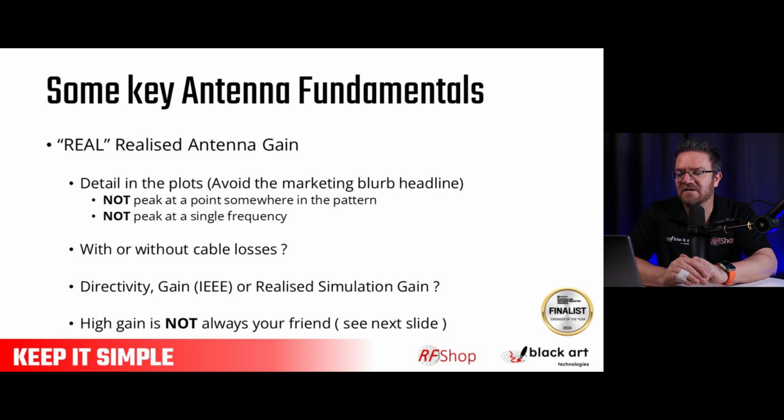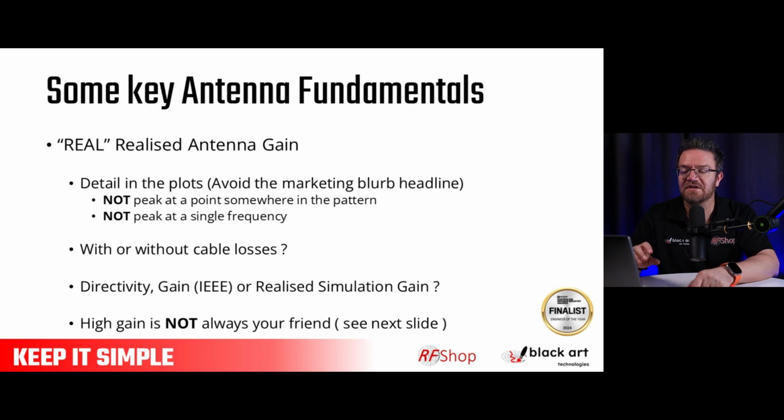What we also see is directivity gain according to the IEEE, and realized simulation gain. There's three different selections you could show. It shows the same pattern, but it is a different number, and it could be significantly different because the directivity would be the absolute max because of the pattern only.